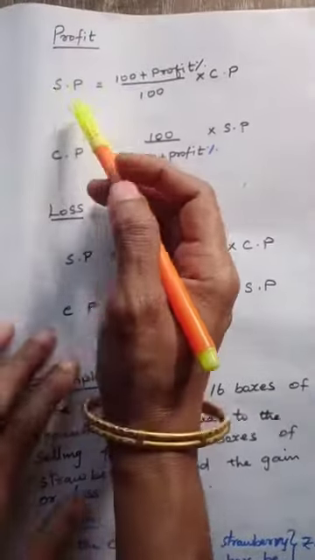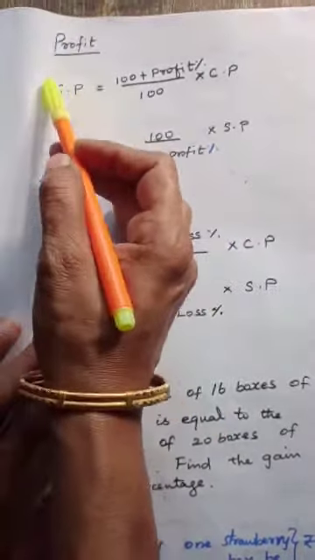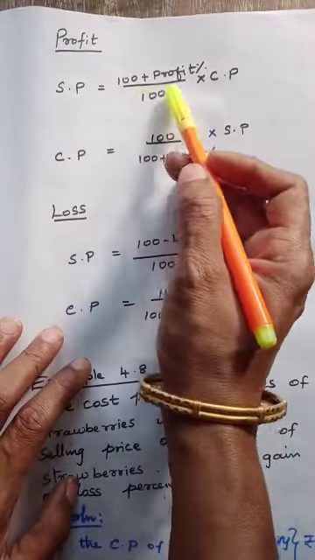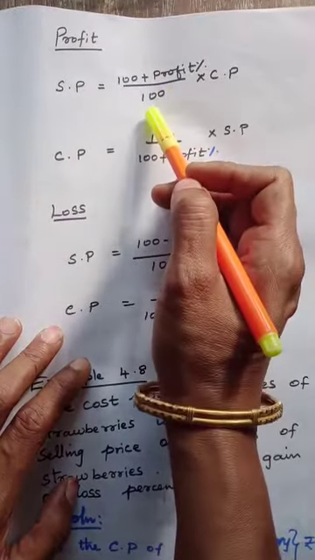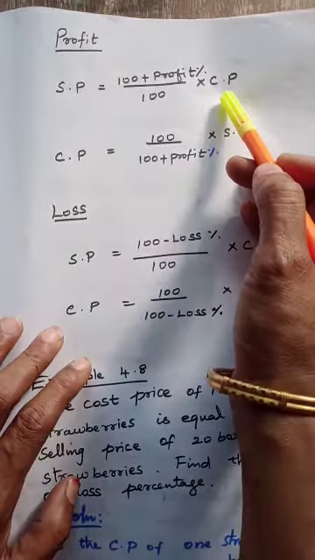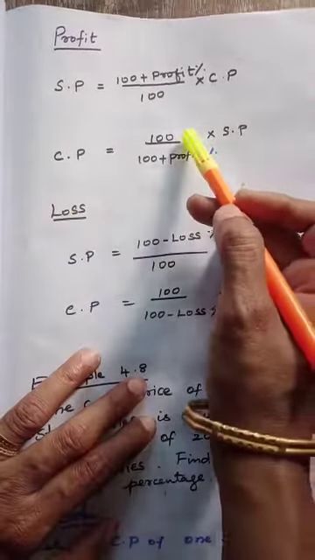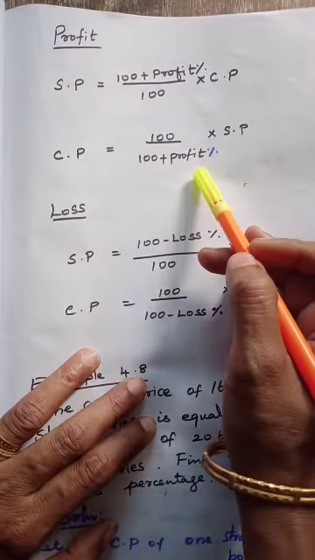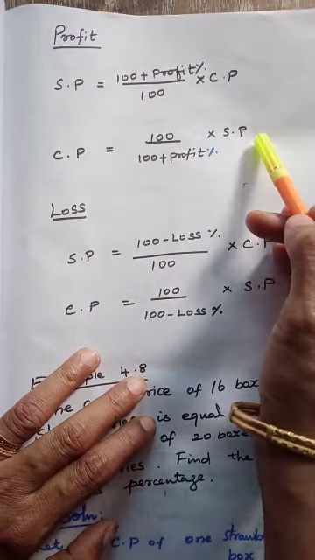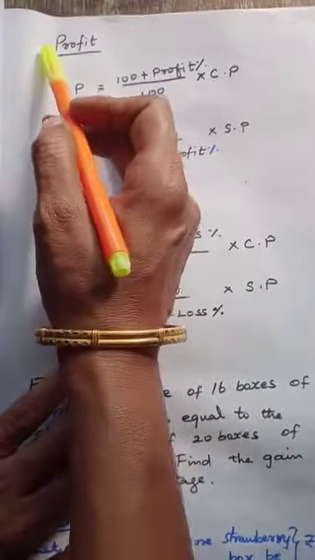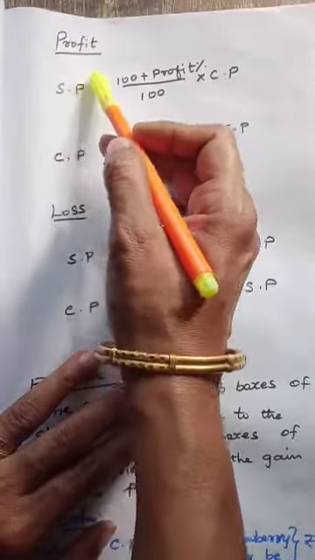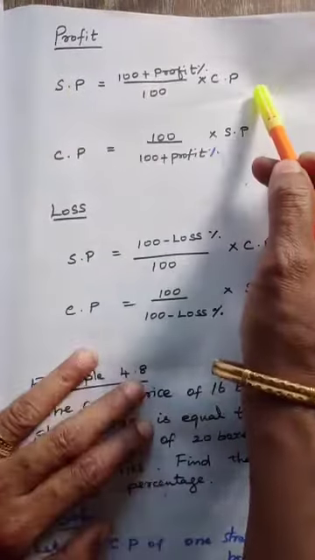The new we have to see is, to find SP is equal to 100 plus profit percent by 100 into CP. Okay. Then CP is equal to 100 by 100 plus profit percent into SP. Okay. When it is profit, we want to find SP means we have to use this formula.